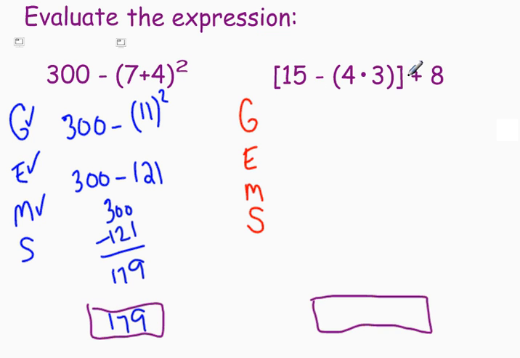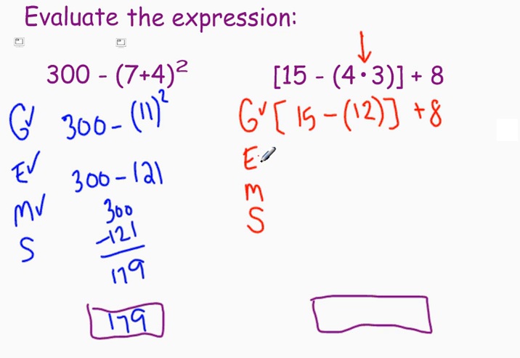So when you have more than one set of grouping symbols, you find the most inside, which is right here. So I need to do 4 times 3 first because it is the most inside. And then I'm going to go ahead and copy everything else that hasn't changed. And my grouping symbols are done. I check for exponents.